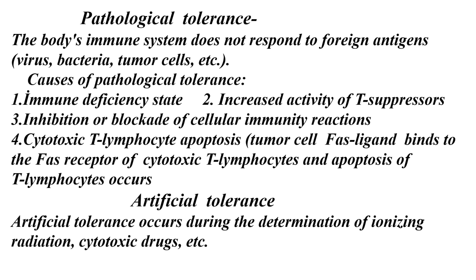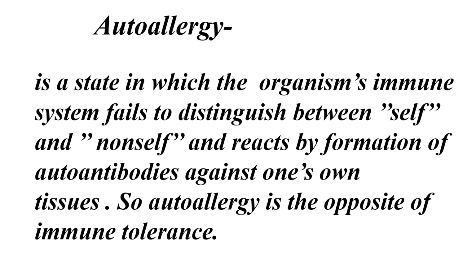This ligand binds to the Fas receptor of cytotoxic T cell and apoptosis of the T cell occurs. Next, artificial tolerance. Artificial tolerance occurs under the influence of radiation factor and ionization factor, if the organism takes cytotoxin drugs, and so on.